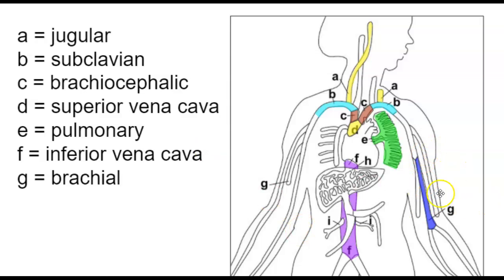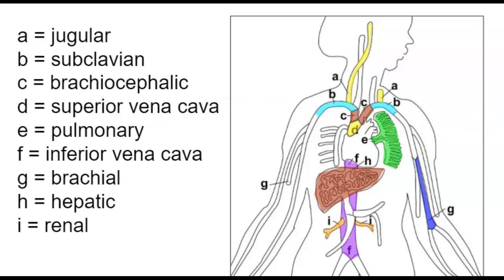G, brachial, that has the same name. H, hepatic. Again, you can see the liver there. In our other drawing, we didn't have the liver there. I, renal. Remember kidneys, you can draw in two oval-shaped kidneys if you'd like.